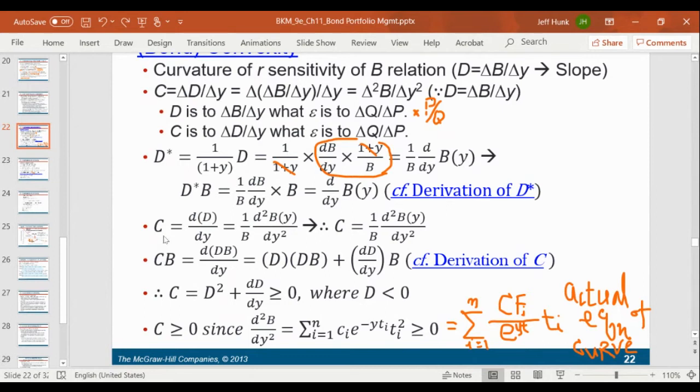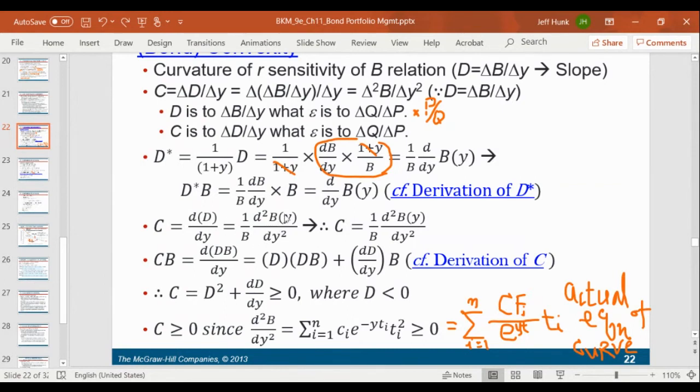Now, convexity is then the first derivative of the duration. So if I take the derivative of duration, then 1 over B is a parameter, a coefficient, so you can just move it out, right?